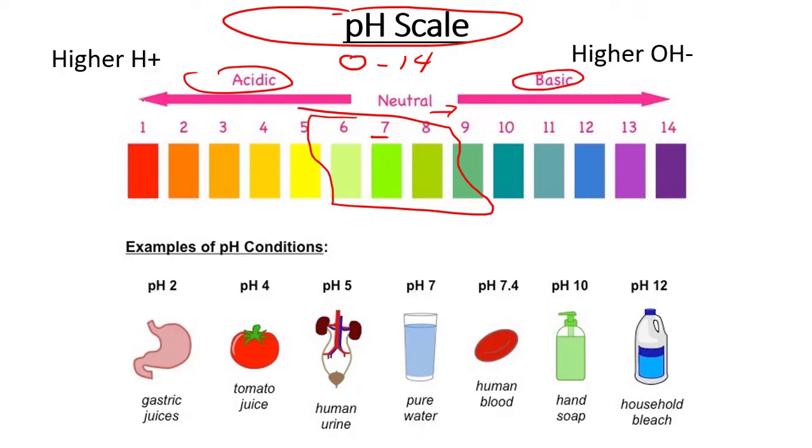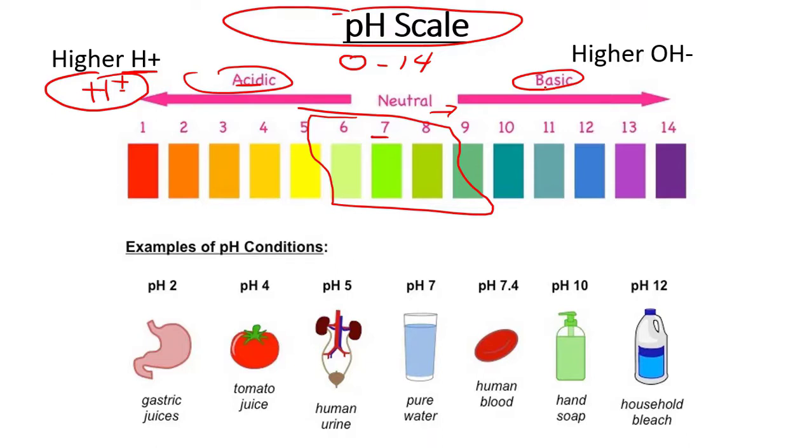A substance that is acidic, or an acid, what makes it an acid is it has a very high concentration of hydrogen ions or protons. All right, so H+ indicates hydrogen cations. So if you want to make a solution more acidic, all you have to do is add some hydrogen cations to the solution.